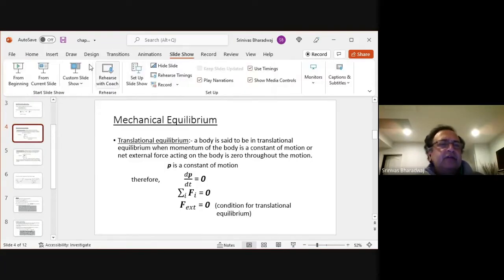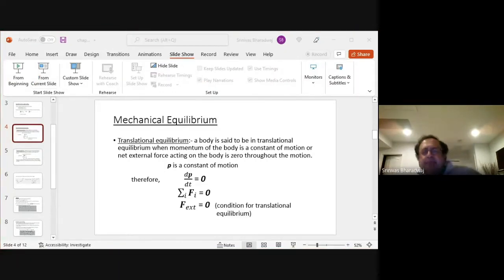The idea of mechanical equilibrium involving Newton's second law is dp by dt equals zero, and sigma Fi equals zero. And if there is no external force, then you have the condition for translational equilibrium.